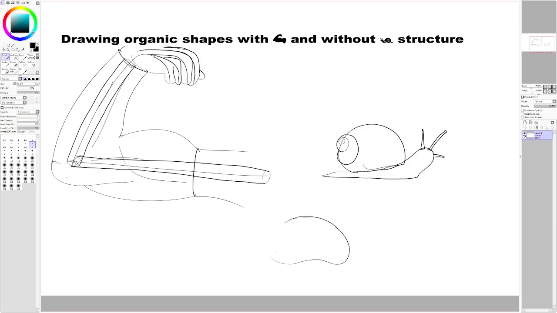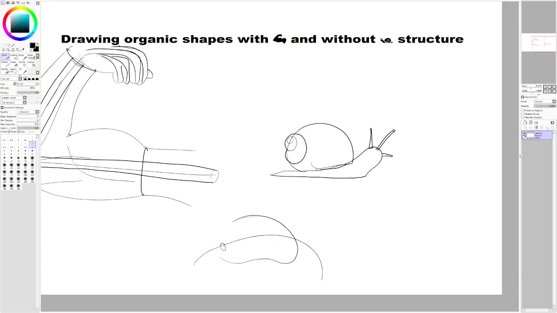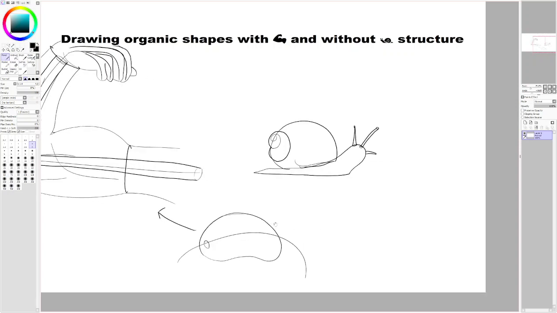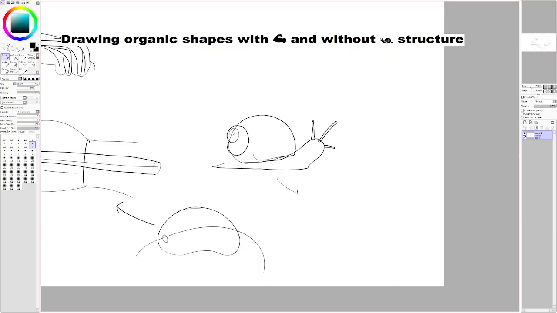This sausage shape that I drew had a structure to it, otherwise it would be laying flat. I guess you could say that this sausage is a bit more similar to that arm that's flexing, compared to our snail friend here, in which, you know what, I've got to make it real flat.